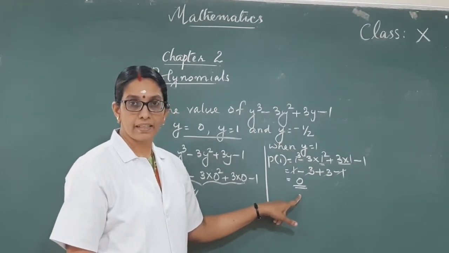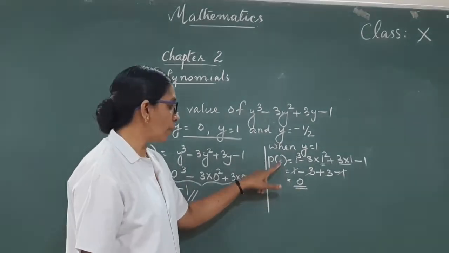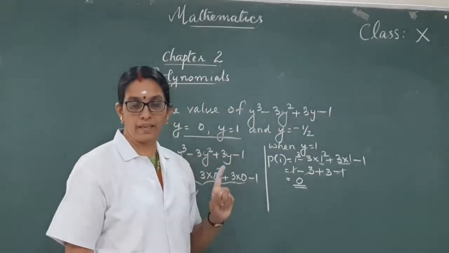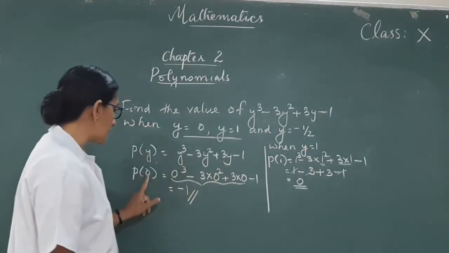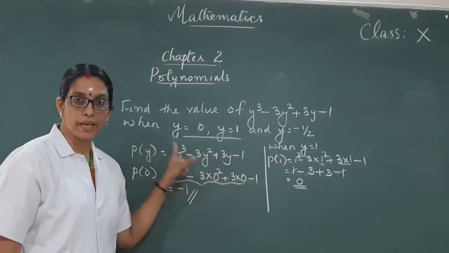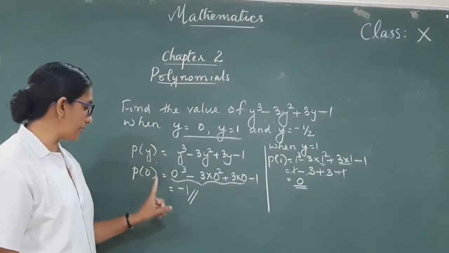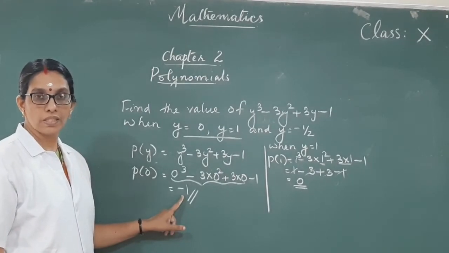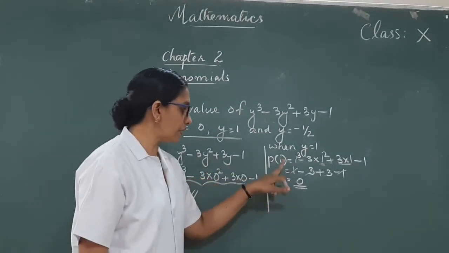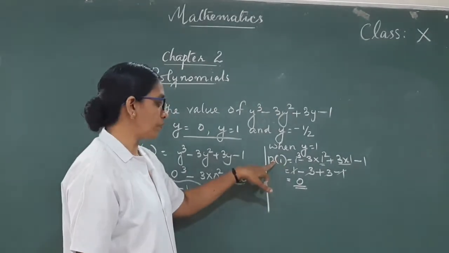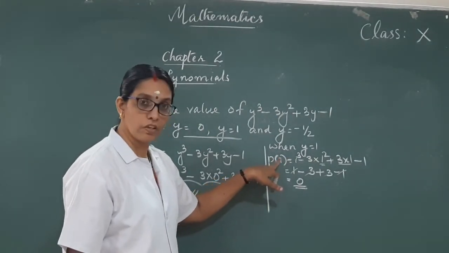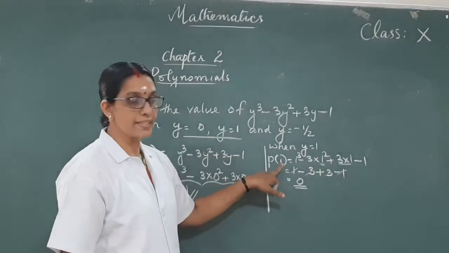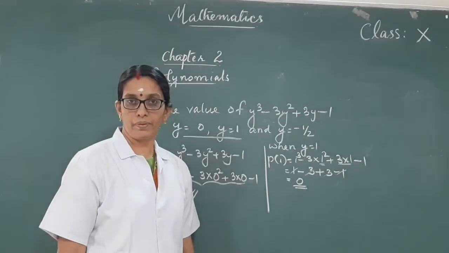So we can say 1 is a zero of this given polynomial. Can you say 0 is a zero of this polynomial? No, because here the value of the polynomial we got, minus 1, is not equal to 0. But here we got the value 0. So since p of 1 is 0, 1 can be called a zero of this polynomial.